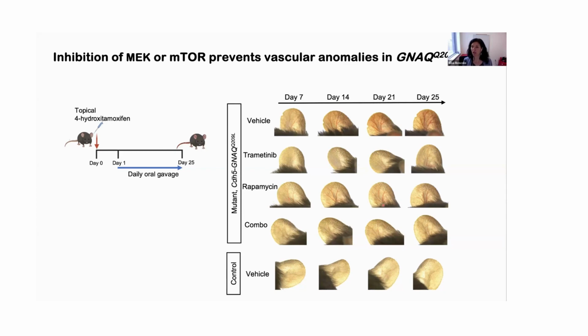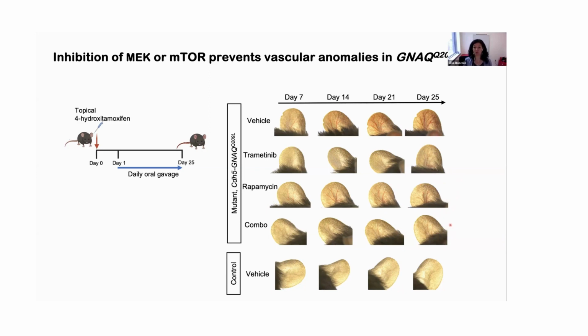And rapamycin, we don't think it's as good, but we have a lot of ears to analyze, so I don't have the full quantifications for you, but I really wanted to share this system and this preliminary data with all of you. But I think it is working to some extent, and the combination so far we can't really tell.